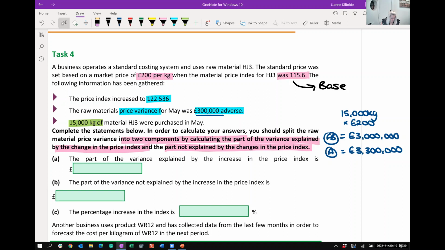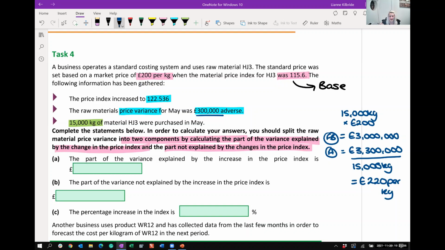So how much per unit was it then? If we spent £3.3 million and we bought 15,000 kilograms of material, we've actually spent £220 per kilogram.